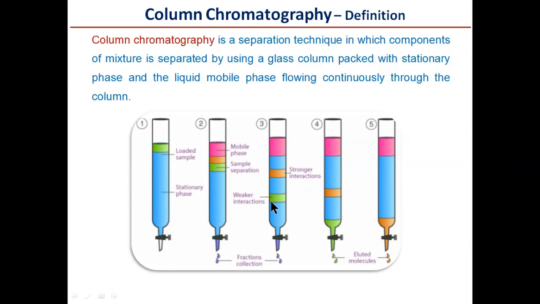The component with weaker interaction with the stationary phase comes first, and the component with stronger interaction is eluted later. So, a very simple definition: it is a separation technique in which the components of a mixture are separated by using a glass column packed with a stationary phase and a liquid mobile phase flowing continuously through the column.